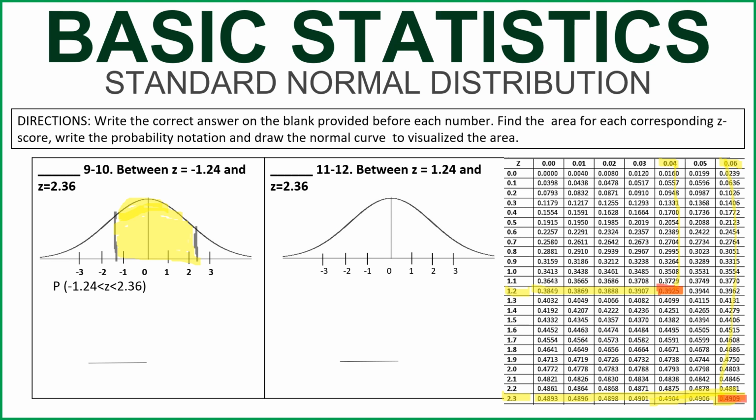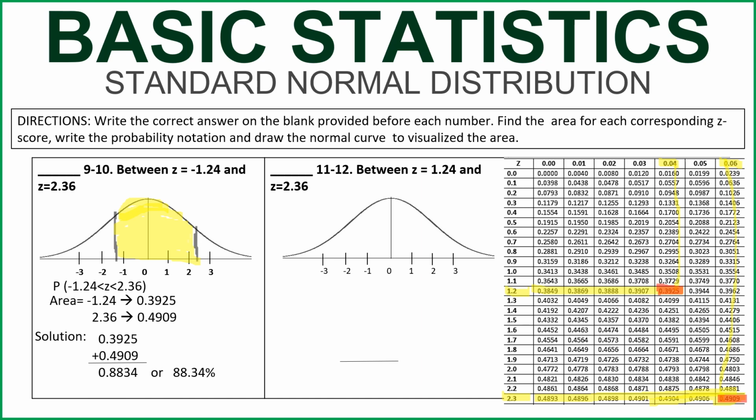So the question there is, does it touch the mean or pass through the mean? Of course, yes. Therefore, these are the areas now. What shall we do? We will add, since it passes through the mean. So let's add the areas of both z-scores.